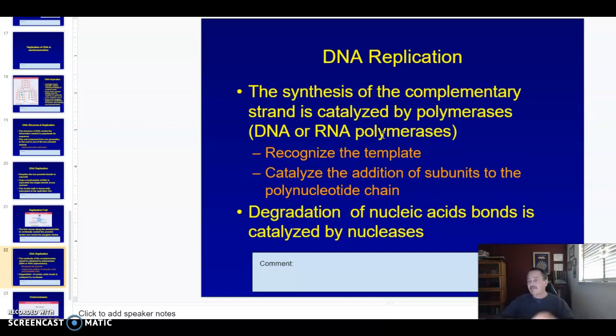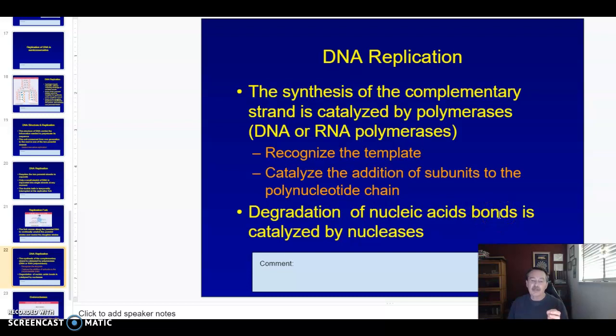Basically, if you think of them as just taking them apart, this is what DNA polymerase does. But it also helps to rewind everything. So DNA polymerase unwinds and rewinds.